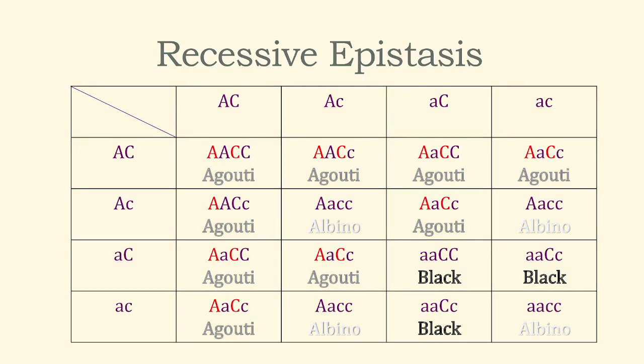Next, the focus will be on another combination, meaning how albino and black combinations are produced. So in case of black, capital A has to be absent. Whenever capital A is there and capital C is there, we are going to get agouti coat color mice. But black combinations are also possible in 3 numbers, where capital A is absent and capital C is there either in homozygous dominant or in heterozygous condition.